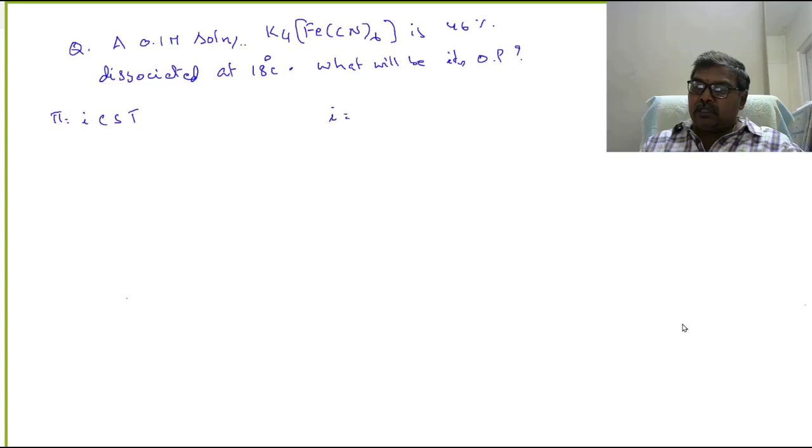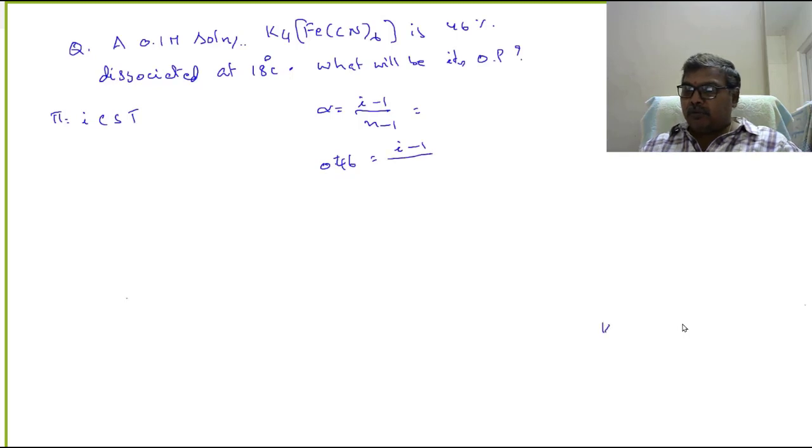So, i value is equal to, alpha is equal to i minus 1 by n minus 1. Alpha is 46% means 0.46. i minus 1. For K4FeCN6, what is n value?